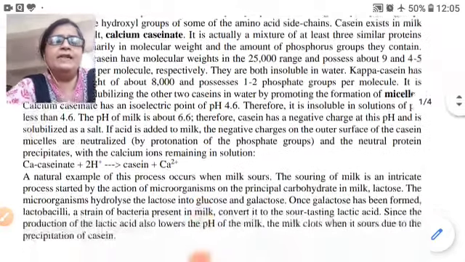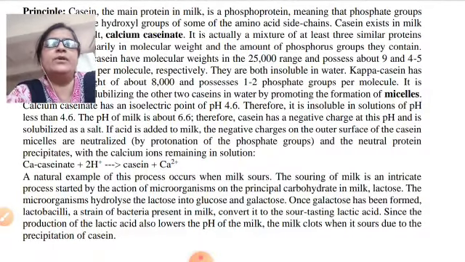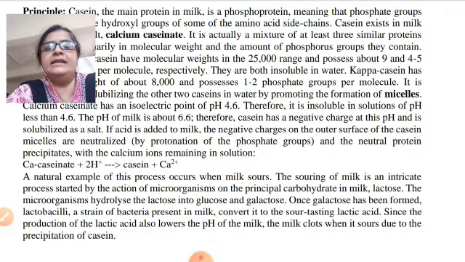The souring of milk is an intricate process started by the action of microorganisms on the principal carbohydrate in milk, that is lactose. The microorganisms hydrolyze the lactose into glucose and galactose. Once galactose has been formed, lactobacilli, a strain of bacteria present in milk, convert it to the sour tasting lactic acid.